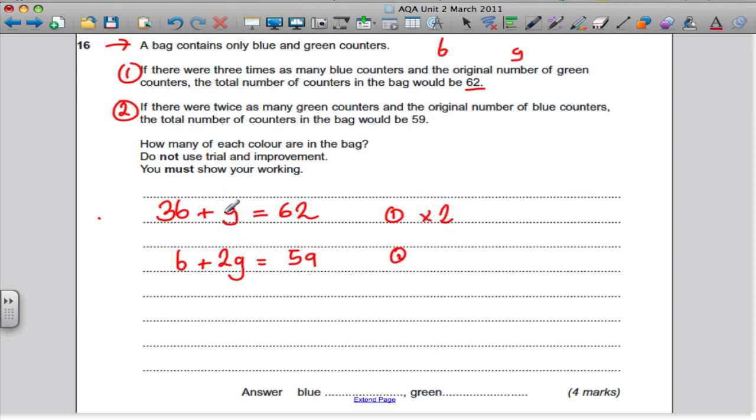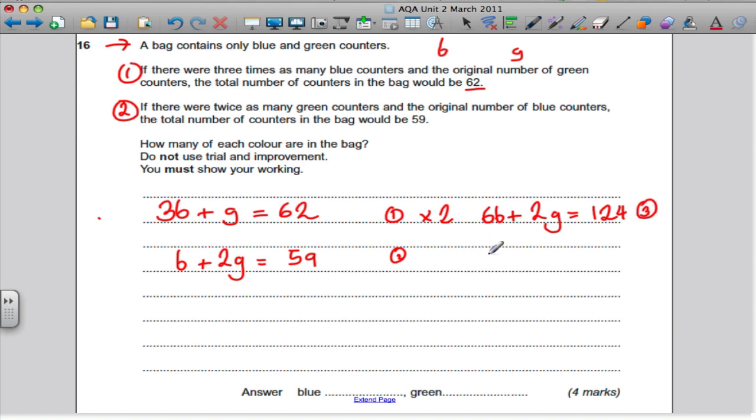And that would get us 2g here. And then when we have the coefficients of the g's the same, we could subtract equations eliminating g, for example. So if I times that by 2, I would get 6b plus 2g is equal to 124. I'm going to call that equation 3.